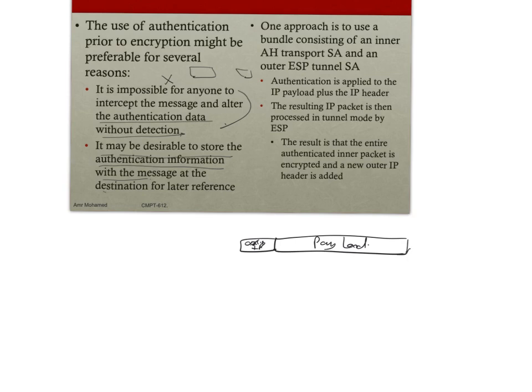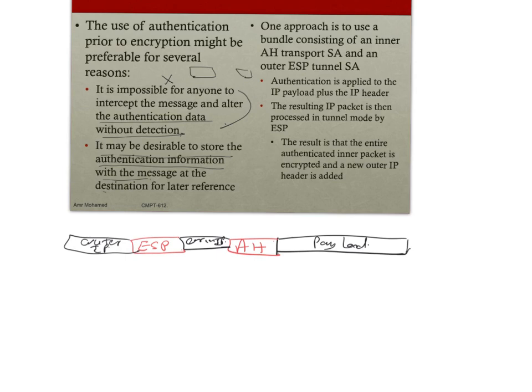Then you have the AH in transport mode, then you add the original IP, and after this you add ESP, and then you add the outer IP, because AH is done in transport mode and ESP is done in tunnel mode.